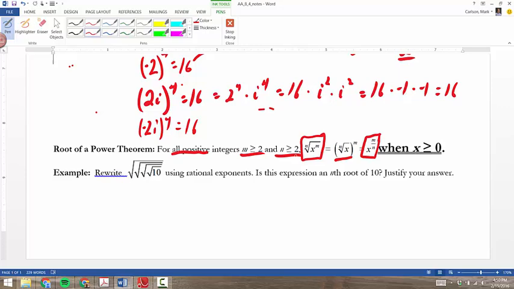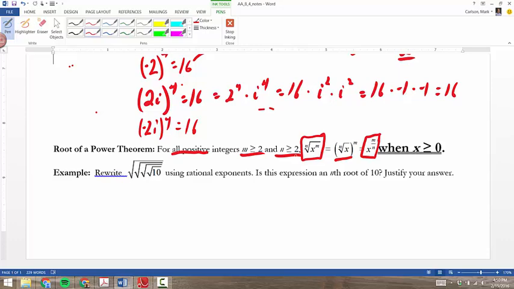So let's take a look at this last example. It says, rewrite the square root of the square root of the square root of the square root of 10 using rational exponents. Is this expression an nth root of 10? Justify your answer.